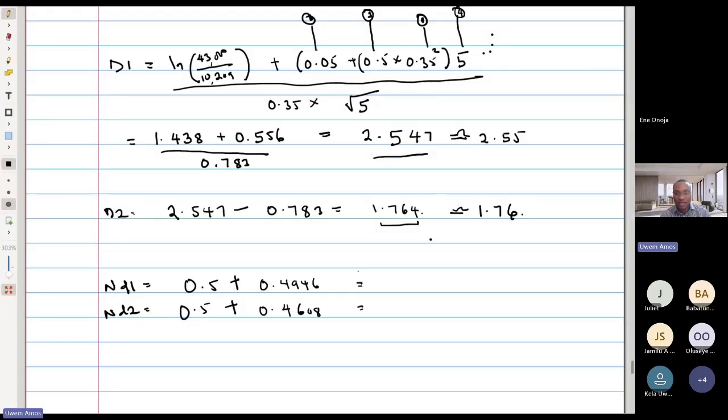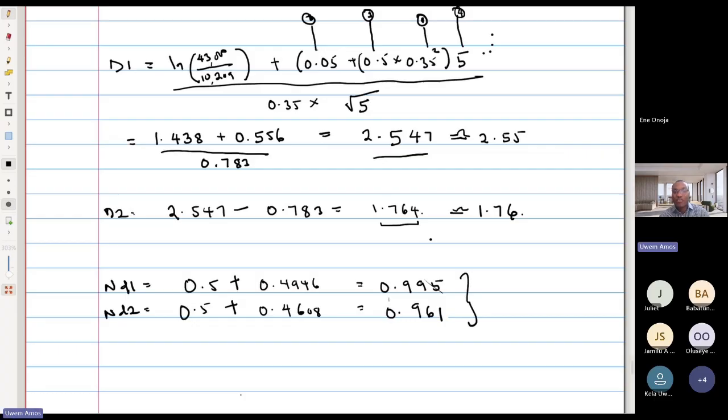It should be 0.995. Just keep it to 3 decimal places if that's what we wanted to do. The next one is 0.961 rather, so 0.931 and 0.961. All right, so those are our N(d1) and our N(d2).